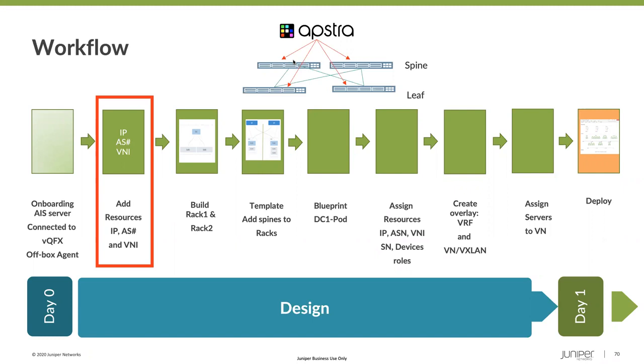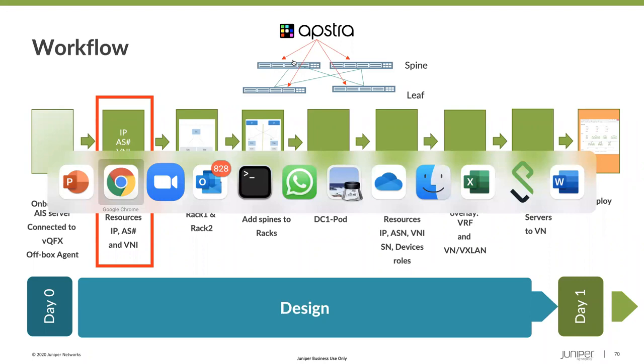So you connect your switches over the out-of-band network, and then you get a basic setup of your boxes in order to be able to connect with netconf and SSH. And that requires this off-box agent, which I will show you. And then the next thing you need to do is adding resources, which I will also show you. So with that, I will show you step by step how you do this.